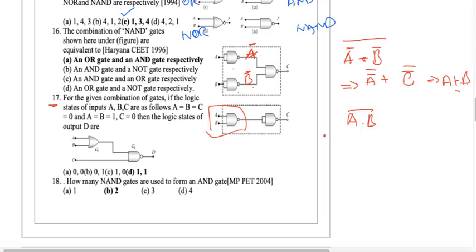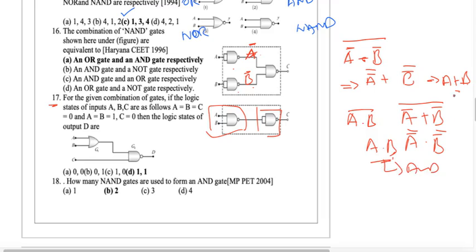After that, it is followed by an inverter. So if you open this one, what will it become? A plus B, here A bar, here B bar, and you are adding one more bar to it. So it will become A bar bar dot B bar bar. It is nothing but A dot B. It is nothing but an AND gate, and the first one is an OR gate. So here is option A, which is an OR gate and an AND gate respectively.